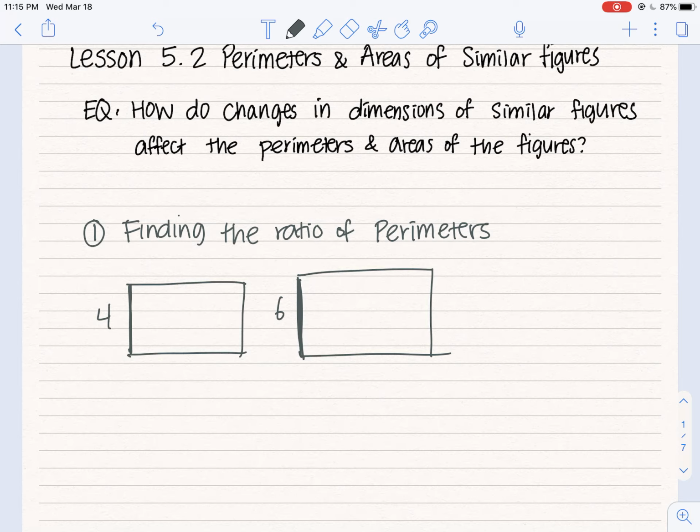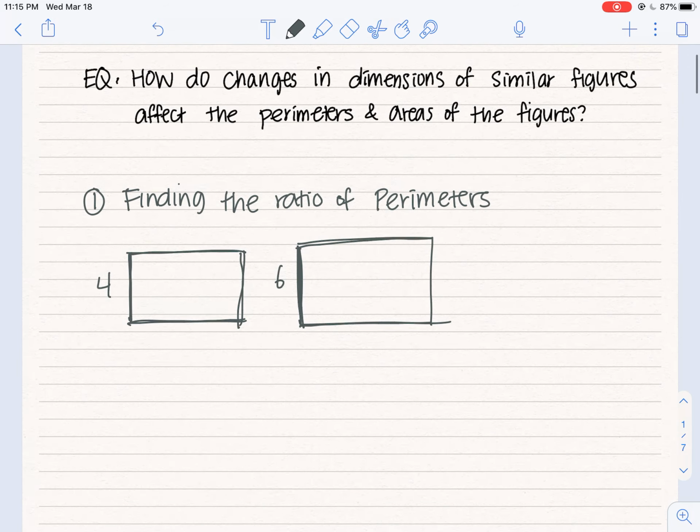How do you know the ratio of the perimeters? Because we don't really know the other sides that we don't have the information for. The easiest way to know the ratio of the perimeter is to see the ratio of these two numbers.